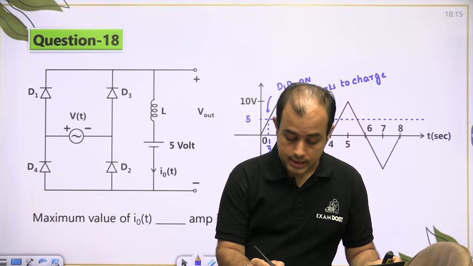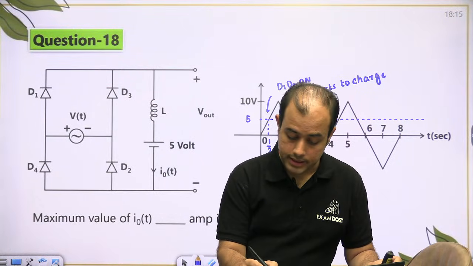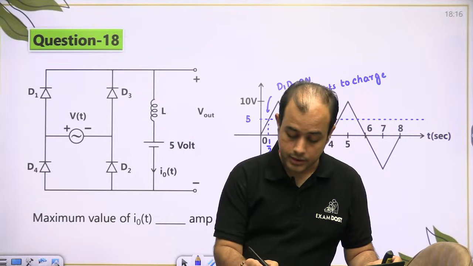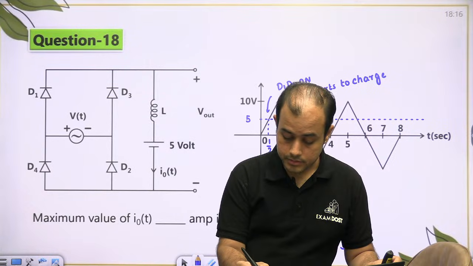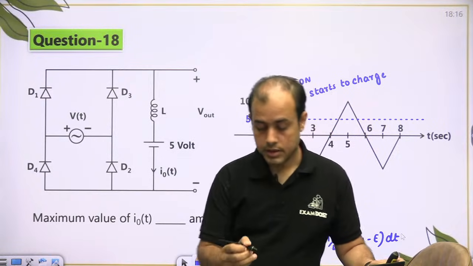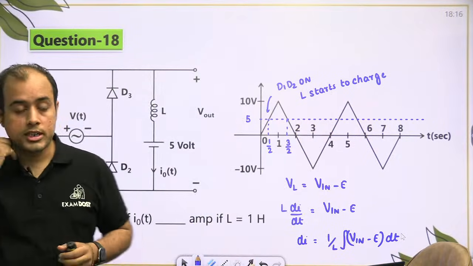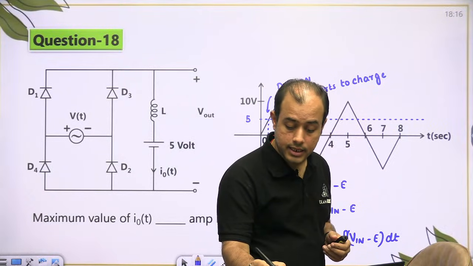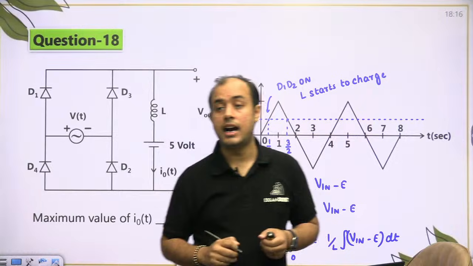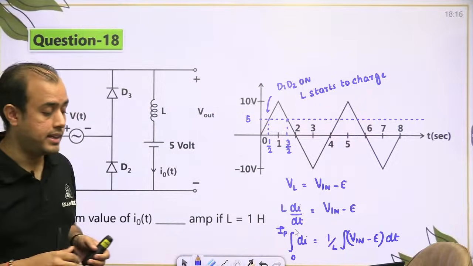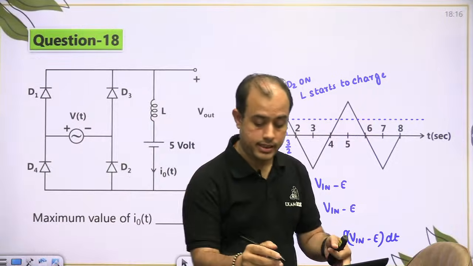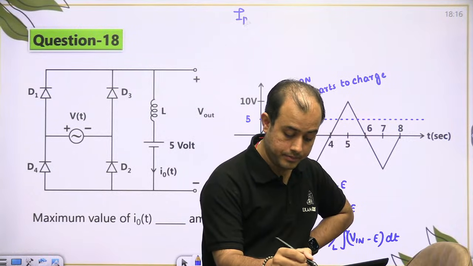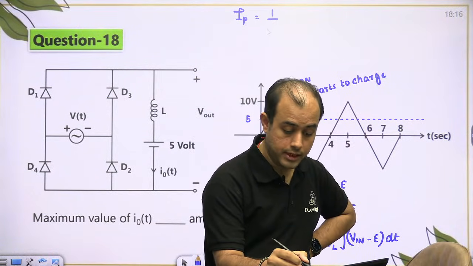Now till the time input is more than E, the inductor will charge. And it will charge from zero current to the peak current. So basically, peak current will be 1 by 1 Henry.